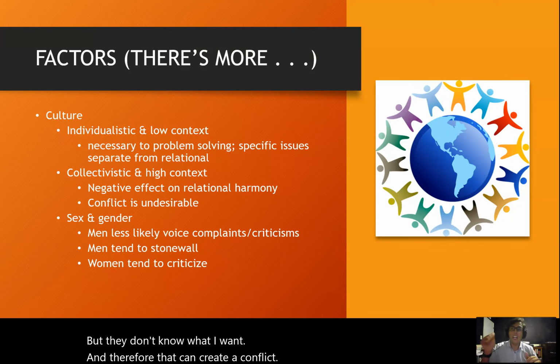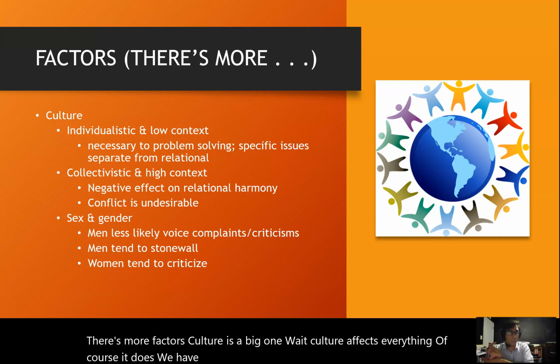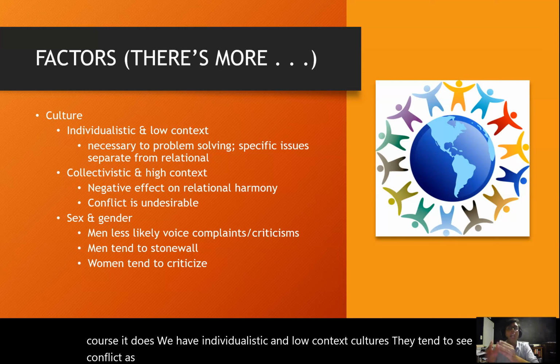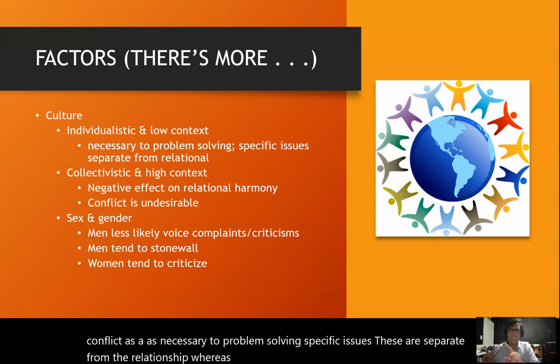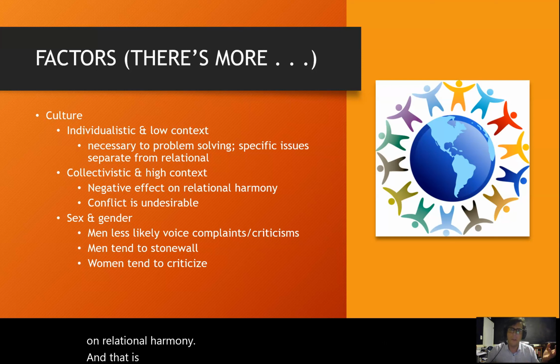There's more factors. Culture is a big one. Wait, culture affects everything? Of course it does. We have individualistic and low context cultures. They tend to see conflict as necessary to problem solving. Specific issues are separate from the relationship. Whereas collectivistic high context cultures tend to see conflict as having a negative effect on relational harmony and therefore undesirable.